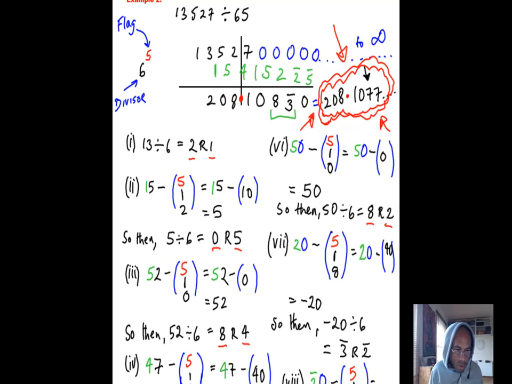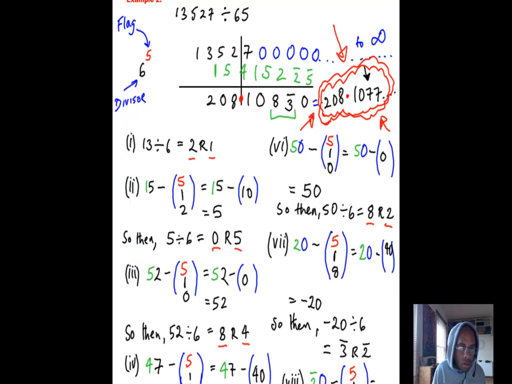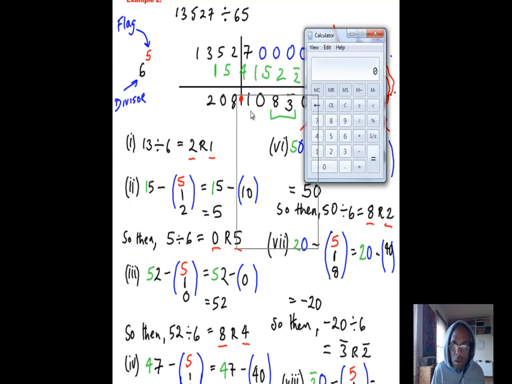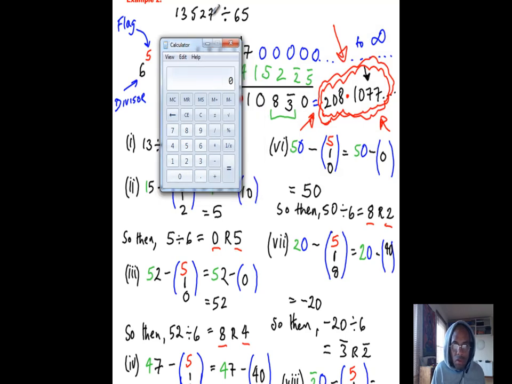Now at this stage, it's worthwhile bringing up a calculator. Let's grab a calculator. What was the original sum? 13527 divided by 65.